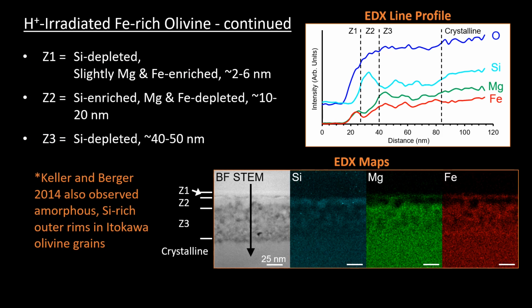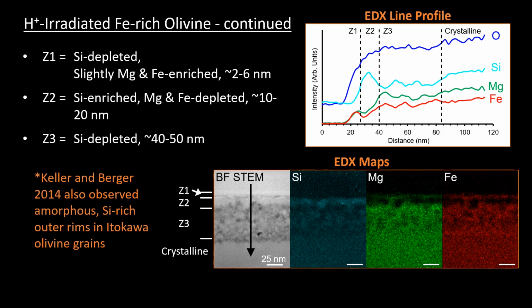Energy dispersive X-ray spectroscopy analysis suggests that these microstructural zones also correlate with interesting chemical trends. Most notable is the silica enrichment and magnesium and iron depletion in Zone 2, which is visible in both the elemental maps and the elemental concentration profile, which was extracted from the black arrow in the bright field STEM image at the bottom left.